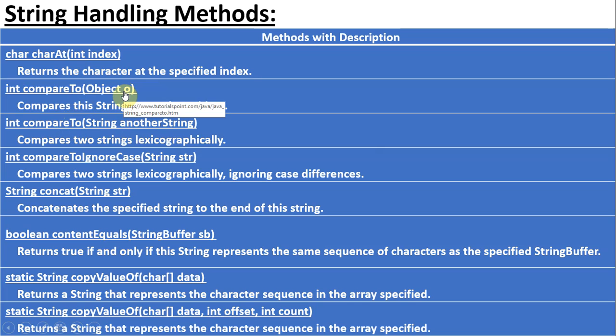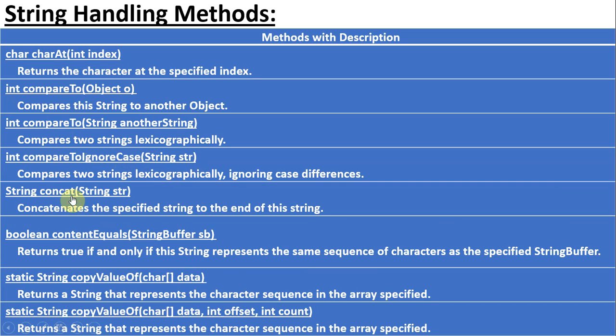Here we can pass the object, or we can pass another string, so comparing two strings, or comparing a string with an object. compareToIgnoreCase: if two strings are actually the same, say welcome, but one is in uppercase and one is in lowercase, the system will think they are two different strings. In that case we can go with compareToIgnoreCase.